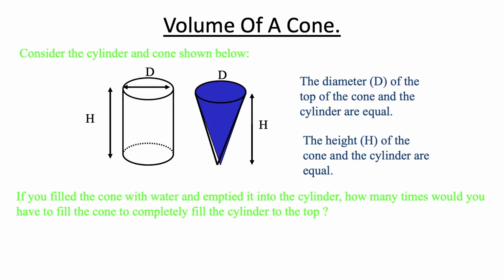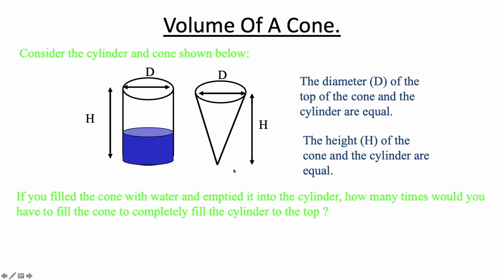So if you feel that it's not drawn accurately, I have to fix up these lines. So that, empty it into a cylinder, fill it up again, empty it into a cylinder, fill it up again, empty it into a cylinder.